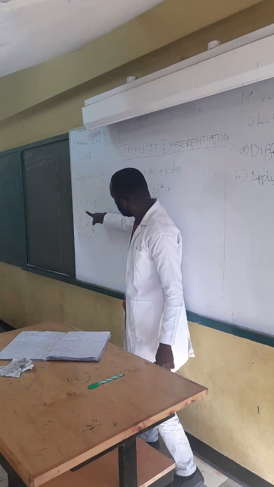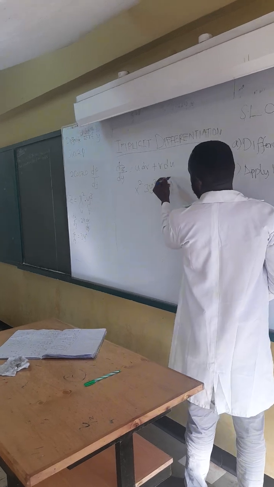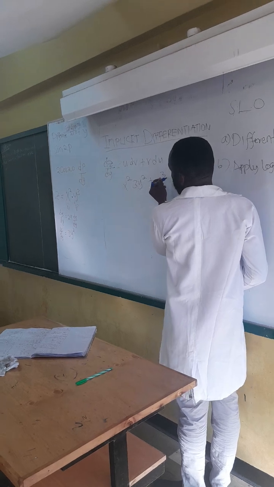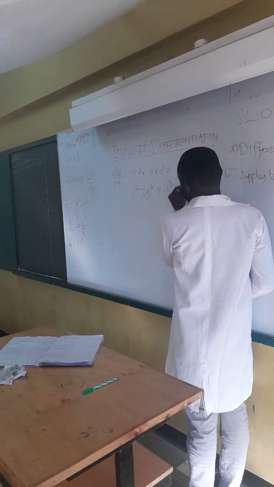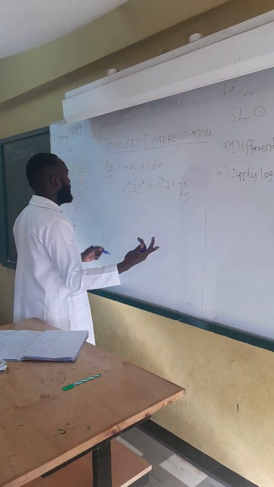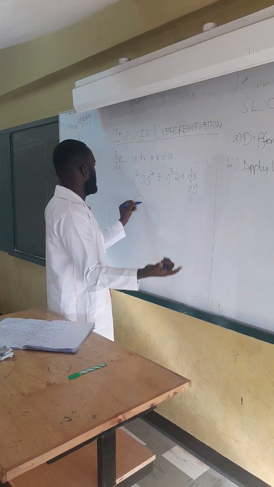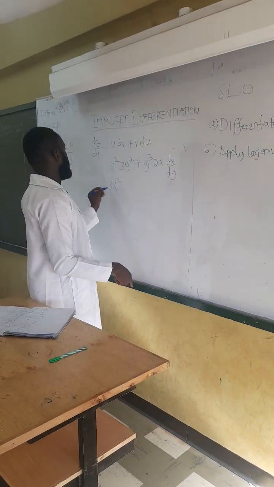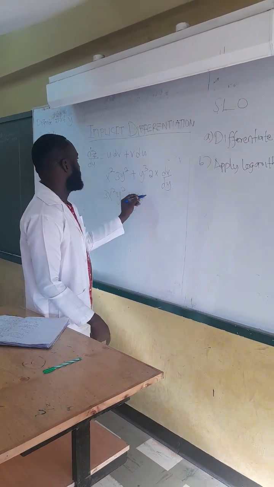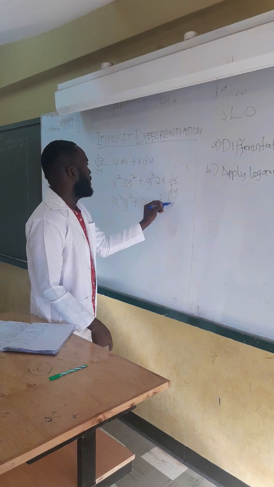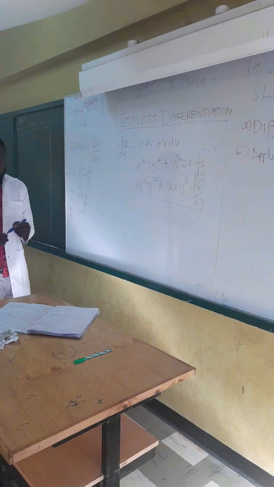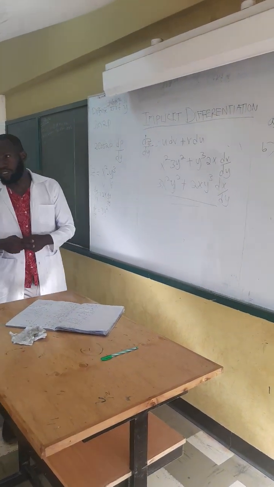What is my v? y cubed. What is my du? 2x dx dy. Then you can rearrange it. In fact, this will be 3x squared y squared plus 2x y cubed dx dy. And that is it. That is how we go about these implicit functions.